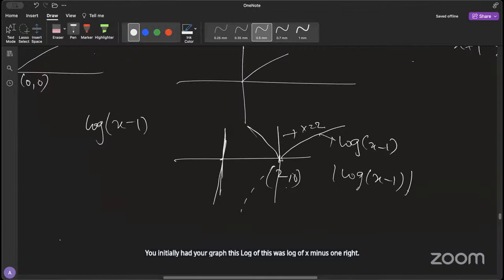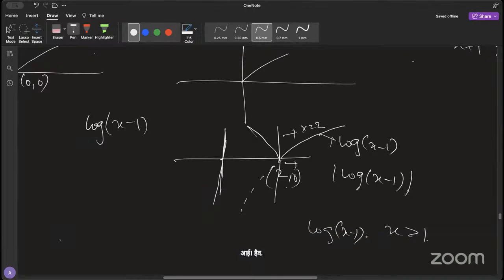Where after x equals 1, this value is positive. Before x equals 1, you had negative values, right? Now, if I take x greater than 1, I'll have log of x minus 1 greater than 0. That means my mod of log of x minus 1 will remain log of x minus 1.